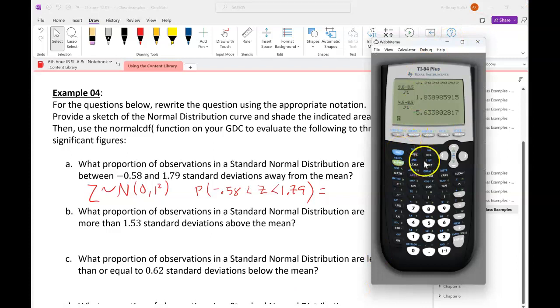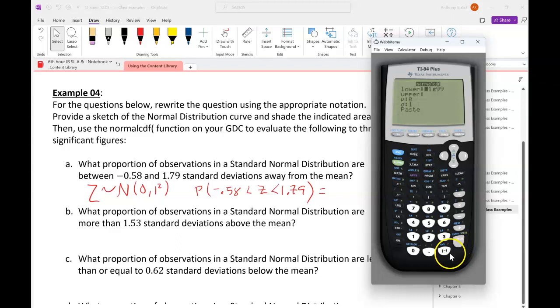And now, if you want to follow along on your calculator, I'll show you how to use this normal CDF function. Second, and then vars. And then right there where it says normal CDF, option 2, I'm going to pick that.